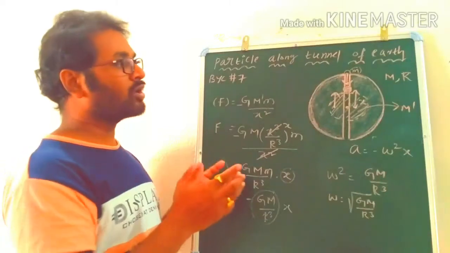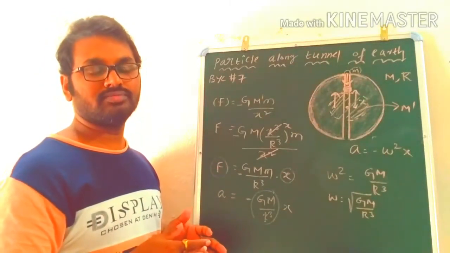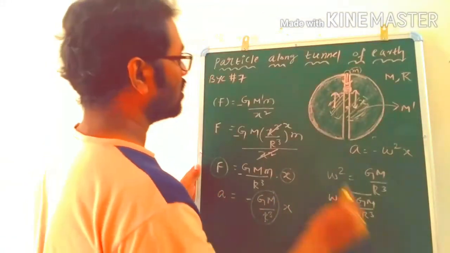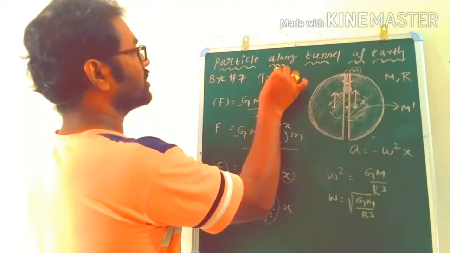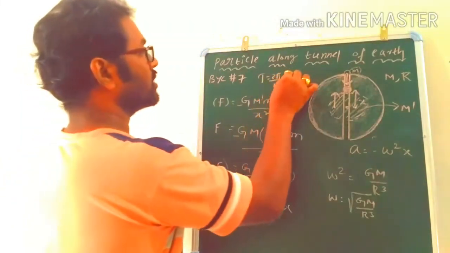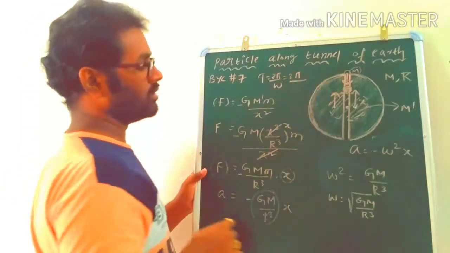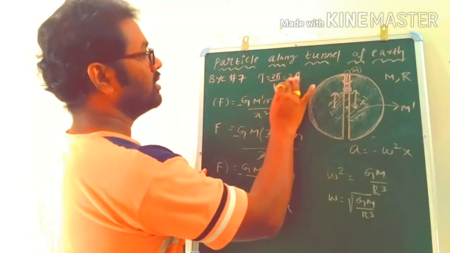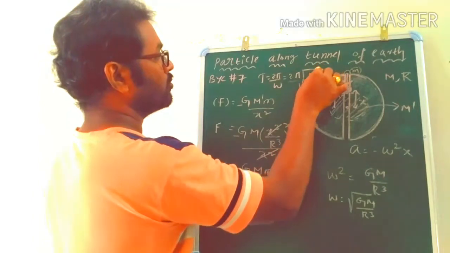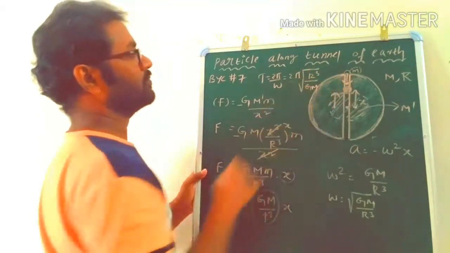So once you get the angular frequency for this particle, then you will get the time period. The relation you know: T is equal to 2 pi by omega, which is equal to 2 pi divided by omega, and you will get directly under root R cube divided by GM.